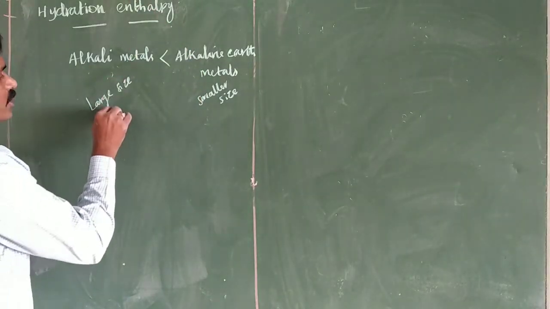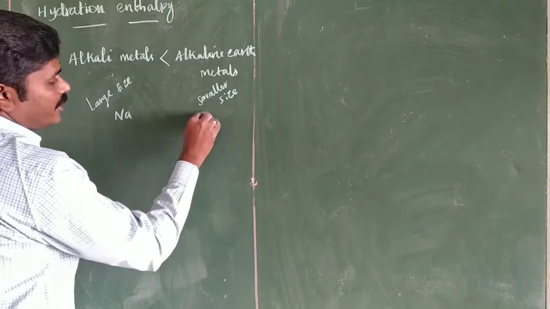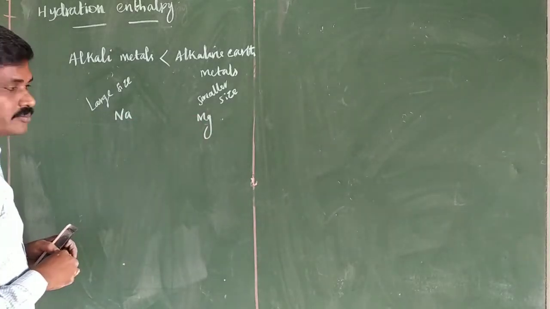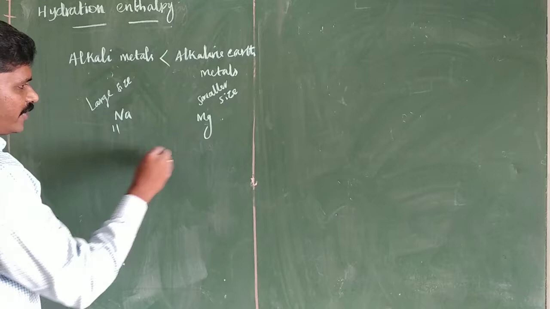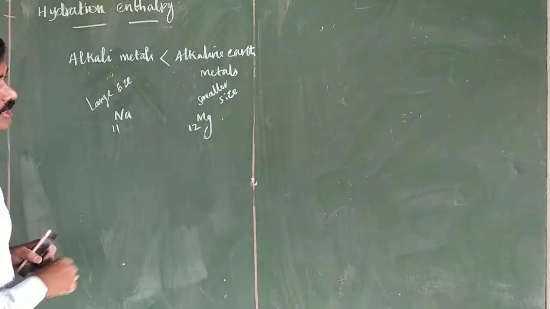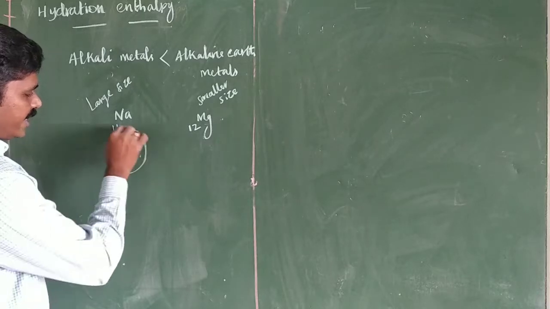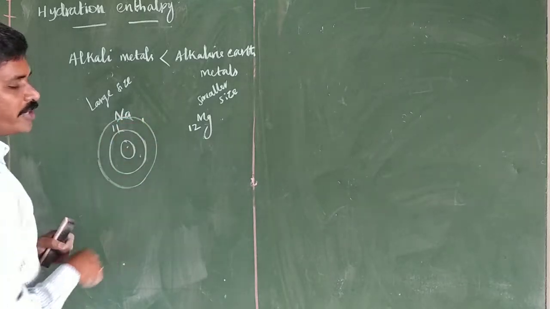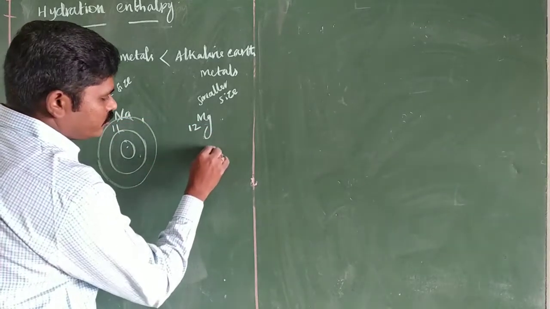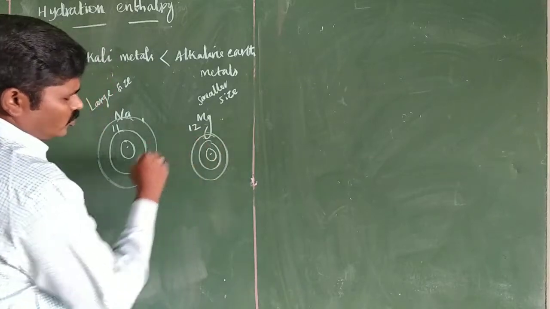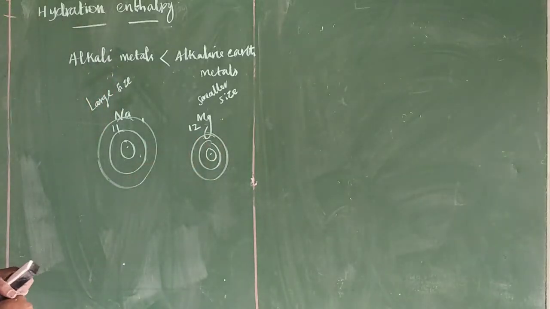For example, sodium and magnesium. Sodium is 11, magnesium is 12, so the nuclear charge increases. Sodium is 2,8,1 and magnesium is 2,8,2.